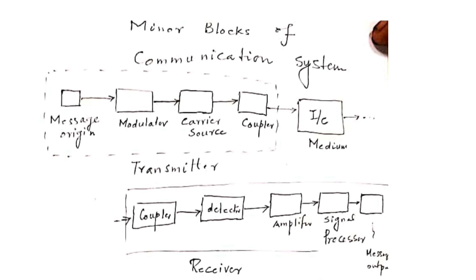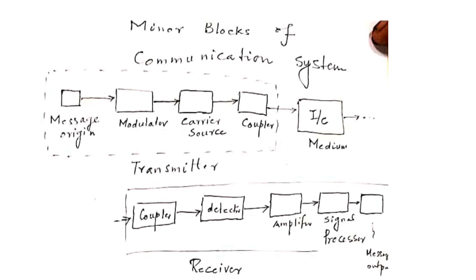You see, there is a minor block for the coupler, the detector, the amplifier, the signal processing, and the message output. So the final block is the block for the message output.